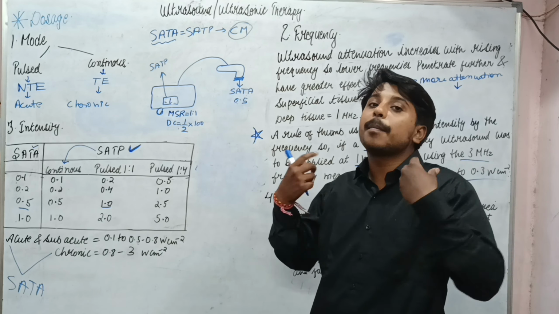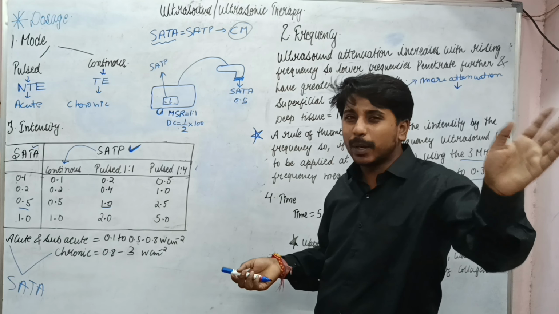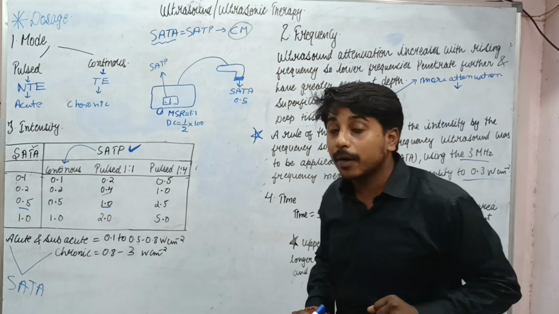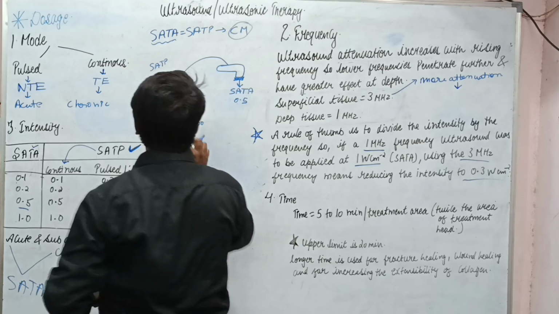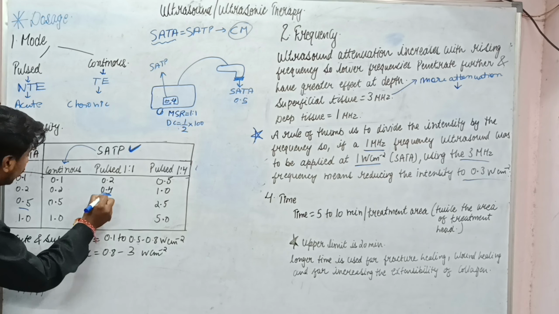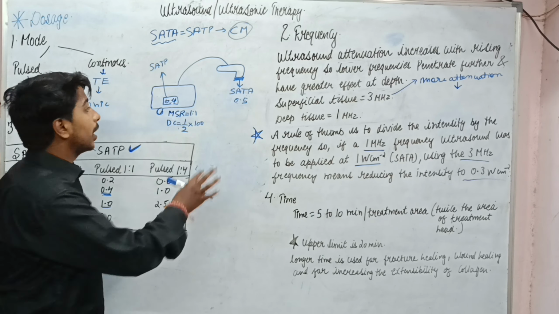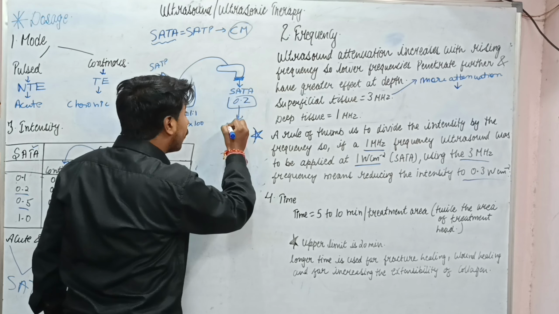Let us say I have a patient having acute shoulder pain, due to any condition, and I want intensity 0.4, which is SATA. So I will turn the knob here up to 0.4, and you can see at 0.4 what will be the value at transducer head. It will be 0.2, but we want 0.4 here.